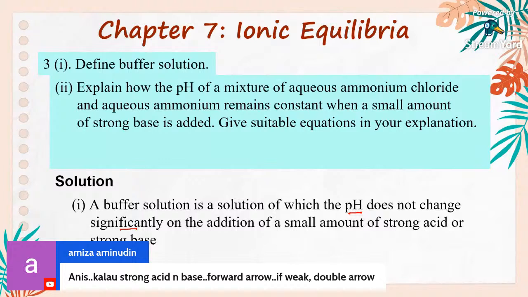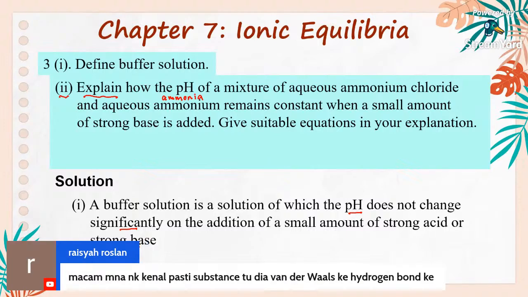And then the second part: explain how the pH of a mixture of aqueous ammonium chloride and aqueous ammonia remains constant when a small amount of strong base is added. Give suitable equations in your explanation.